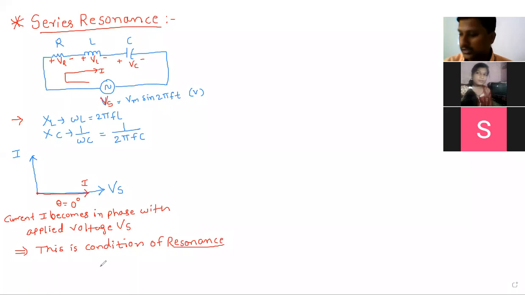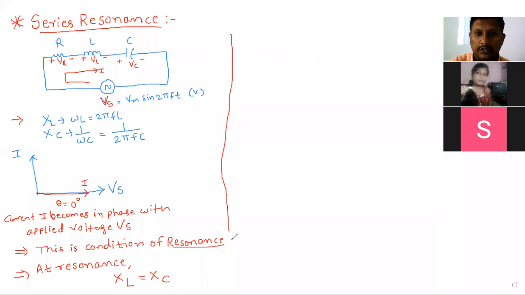So at resonance, the XL value becomes equal to XC. Okay, so this is the condition. Or you can say when XL becomes equal to XC, the circuit is said to be in resonance.